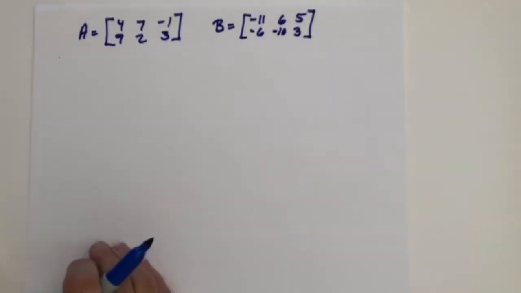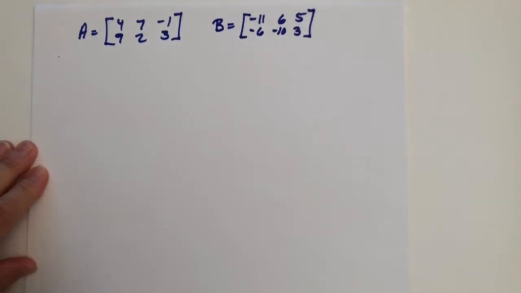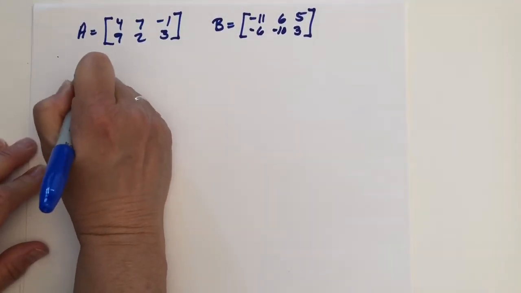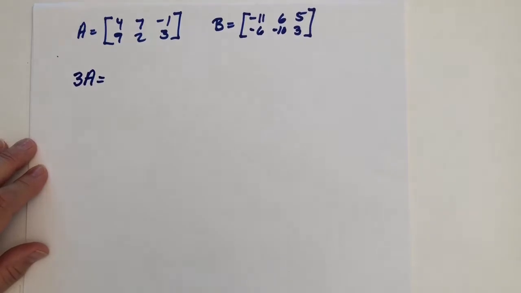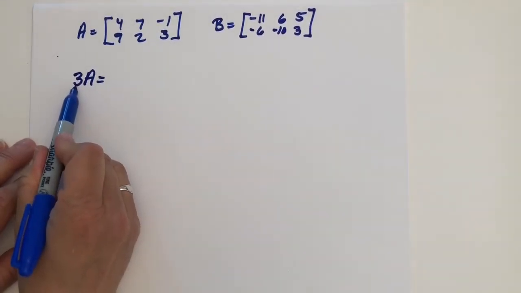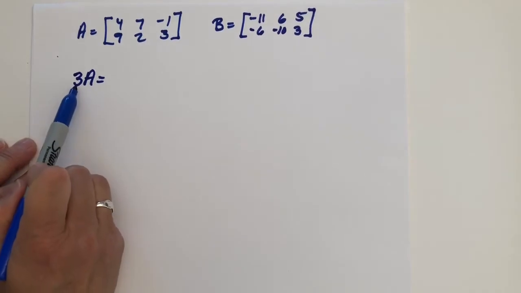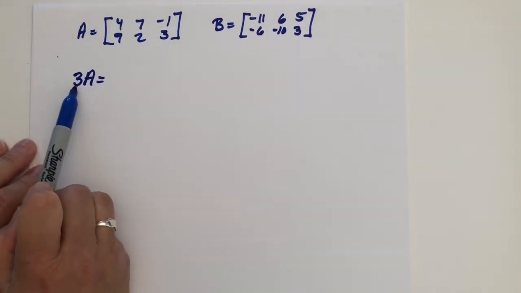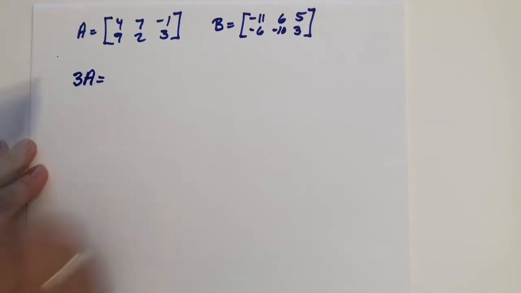And when we're talking about scalar multiplication, we're talking about multiplying a matrix by a real number. For example, 3A. When we're talking about matrices and then real numbers, we often call the real number a scalar. So this is a scalar, a plain old number being multiplied by the matrix.